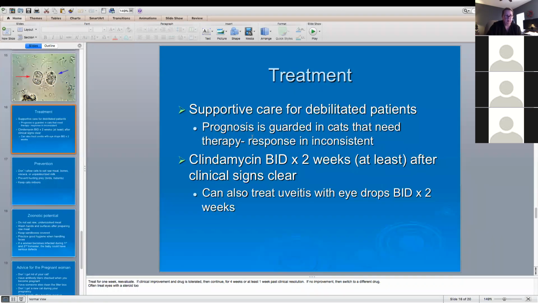But if you have a cat that's been on medication for 2 weeks and there's no improvement in clinical signs, you can try to switch to a different antibiotic, but that is a more guarded prognosis, meaning maybe it's too advanced.